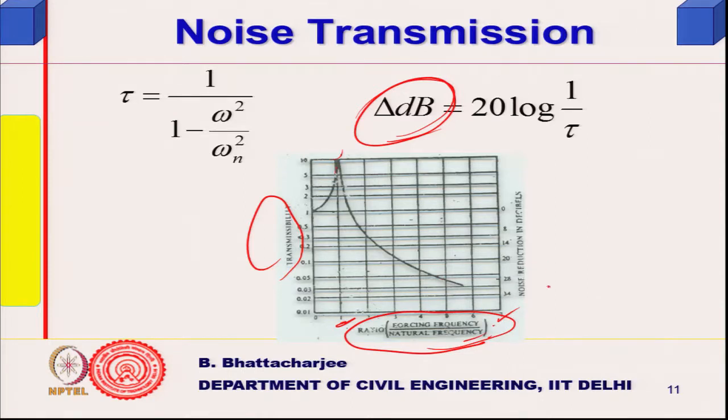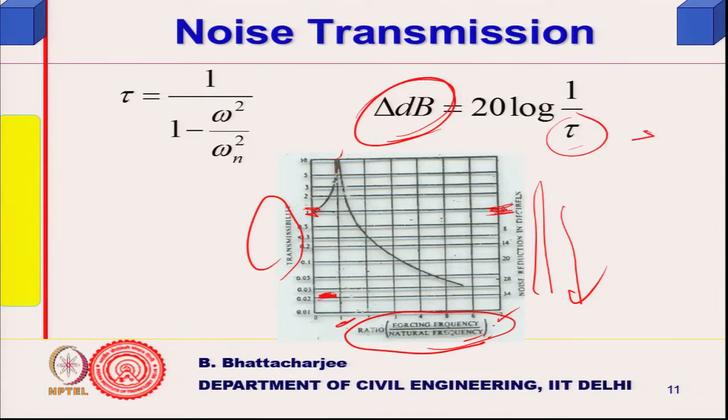And the corresponding dB you can find out, because supposing it is 1, 20 log of 1 is equal to 0. So, force transmissibility at this point, essentially if transmissibility tau is equal to 1, delta dB is equal to 0, and in this direction it increases. So, when the transmissibility is 0.2, that is 1 by 0.2, delta dB is more, it is inversely proportional.